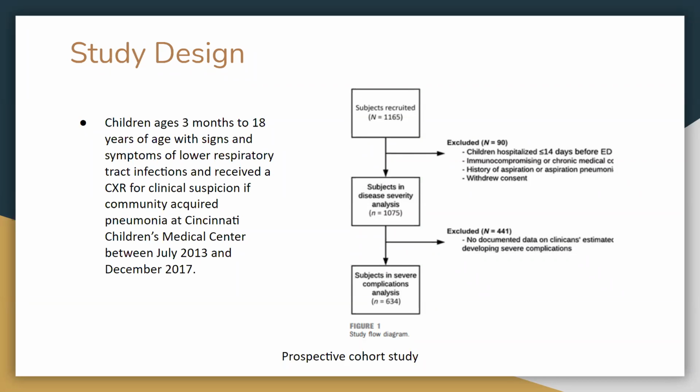Or they had a history of aspiration or aspiration pneumonia, or they decided they didn't want to be part of this study anymore. And then they took some more of them out because the clinicians didn't document their predictions for whether or not these kids were going to develop complications.